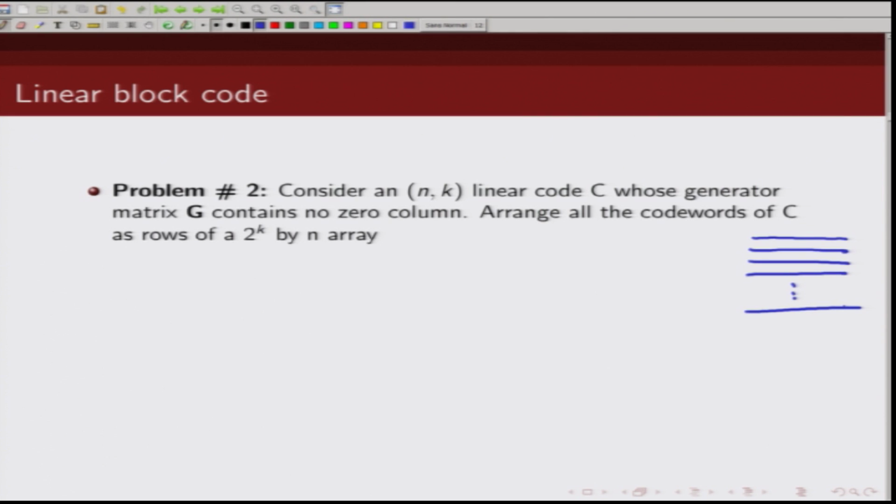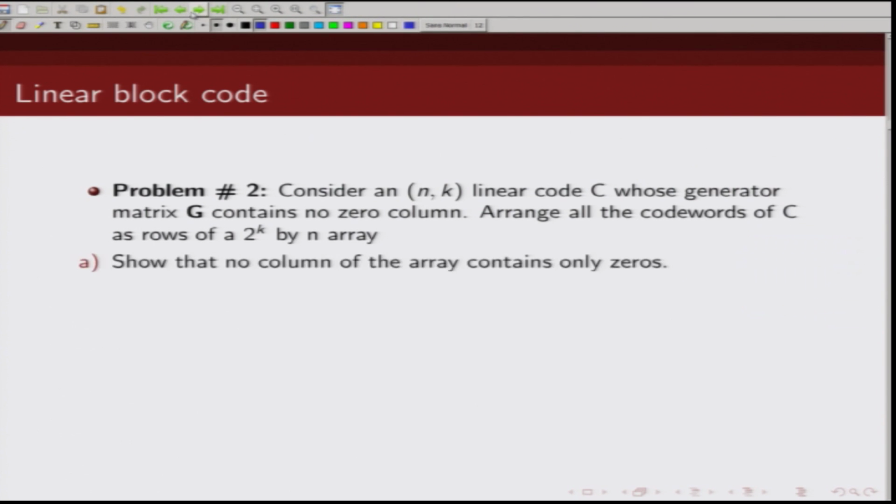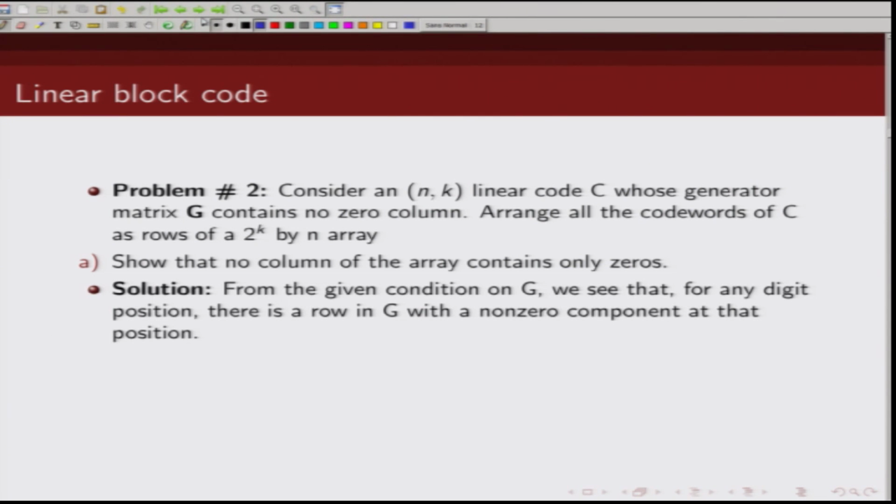So, this array has dimension 2^k cross n, because the total number of code words is 2^k for an (n, k) binary code, and they are all n bits. The first result that we are going to show is that no column of this array contains all 0s.